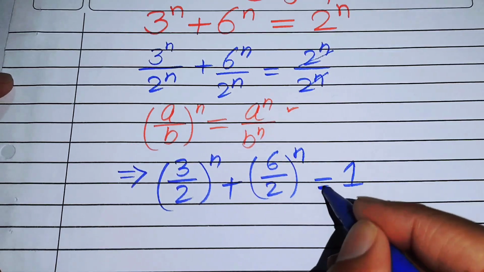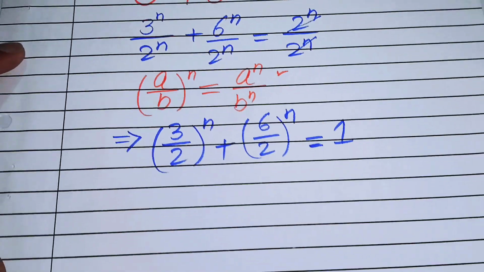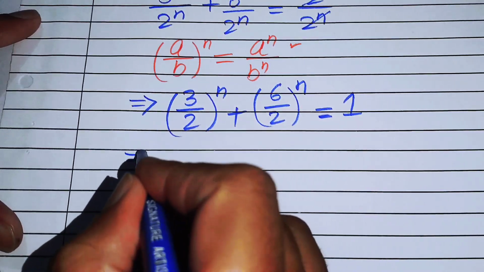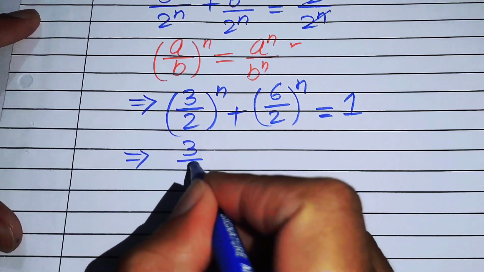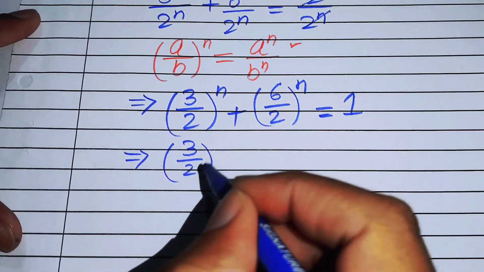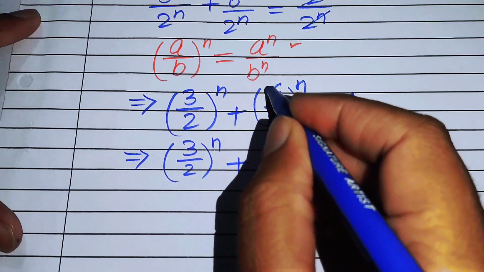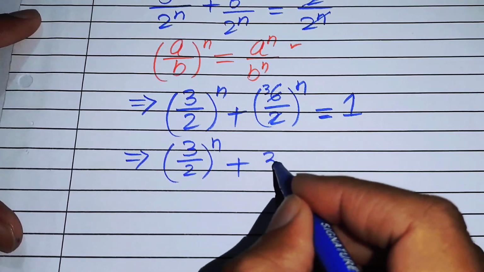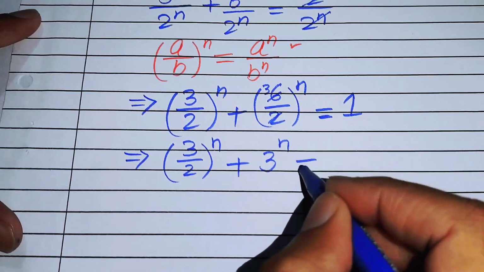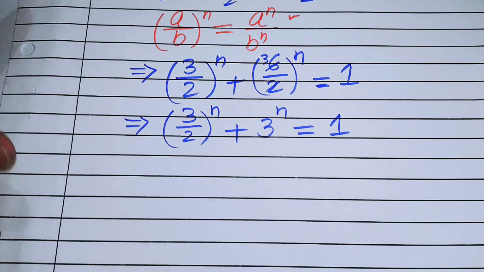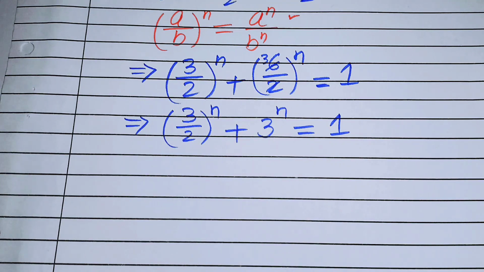And now in the next step you make a little simplification, and you get 3 over 2 and its whole power n, plus 2 3s are 6, so you get 3 to the power of n, equals 1. In the next step we focus on the left hand side.